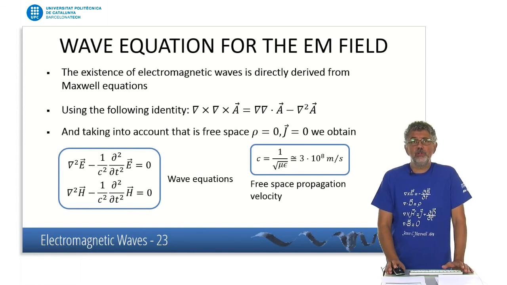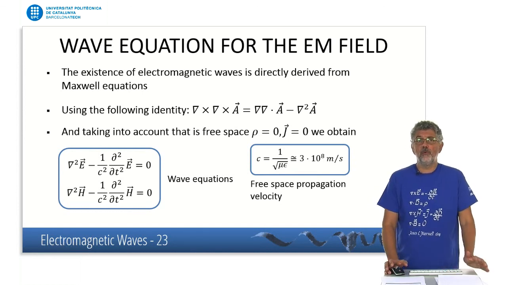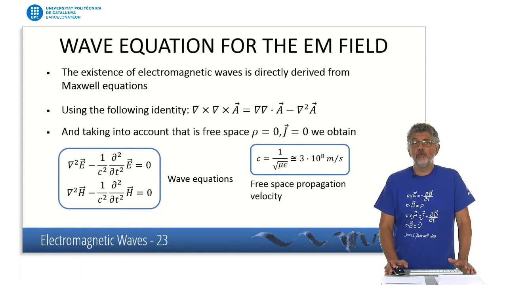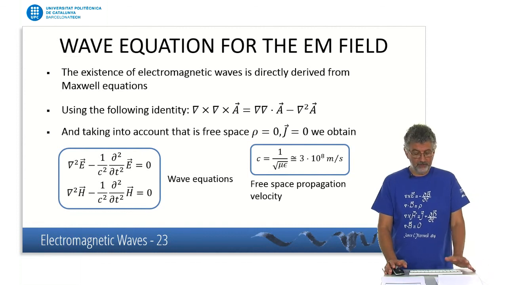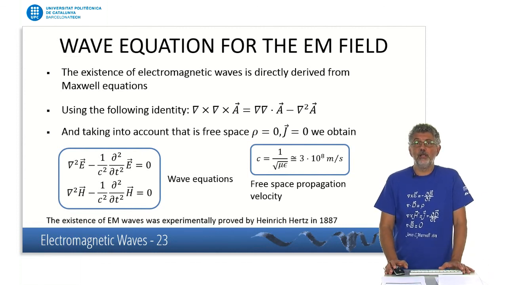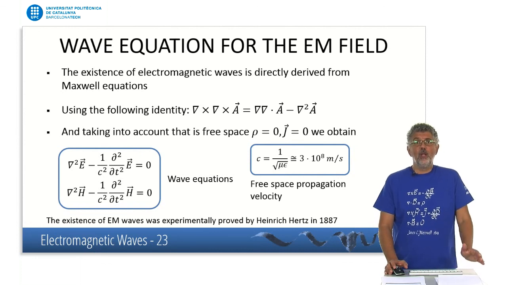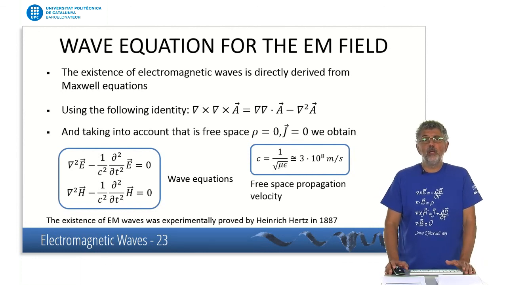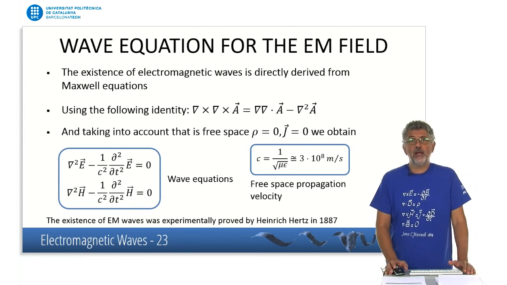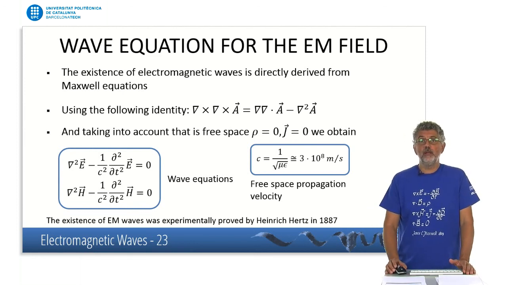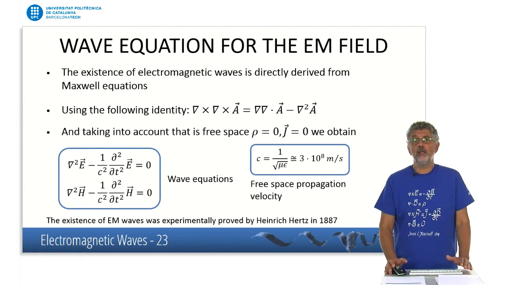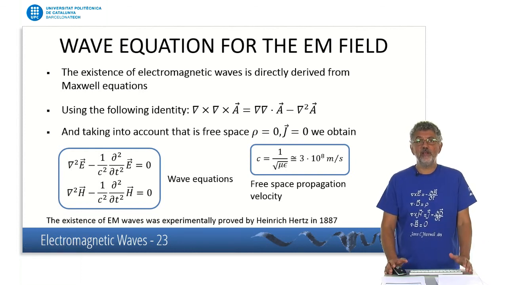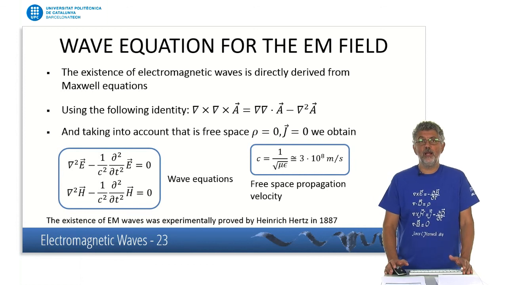Now, this is a very important result because it shows us that directly from Maxwell equations, we can mathematically prove the existence of electromagnetic fields, since the electric field and the magnetic field are a solution of the wave equation. Maxwell was aware of this fact. He was also aware that the predicted propagation velocity for electromagnetic waves showed that, for instance, light had to be very similar in nature to electromagnetic waves.